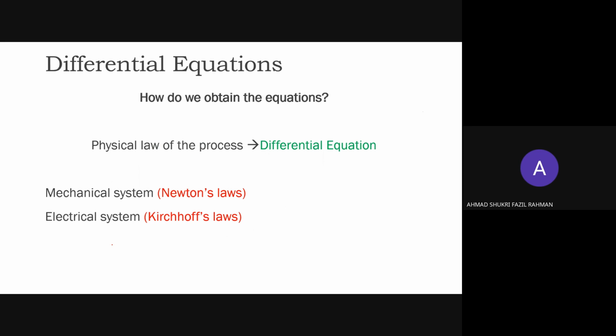Okay, so we move on to differential equation. What is a differential equation? How do we obtain this differential equation? This will be explained on this slide. Based on the previous explanation, we know that when we model a physical law process, it should be in the form of a differential equation.